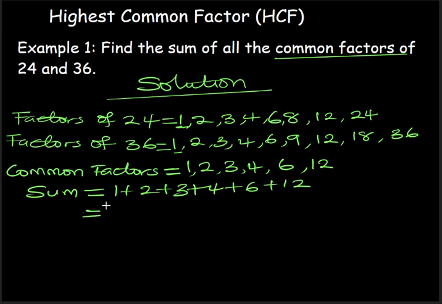And that will give us 1 plus 2, 3, 3 plus 3, 6, 6 plus 4, 10, 10 plus 6, 16, and 16 plus 12 will give us 28. So our answer here is equal to 28. So that is the sum of all the common factors of 24 and 36.